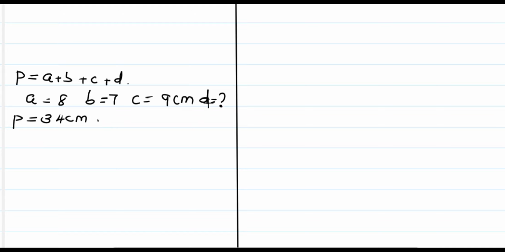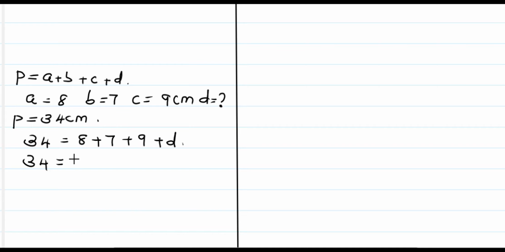So we say P, which is 34 centimeters, is equal to A, but we already know A is 8, then plus B, but we know B is 7, then plus C, but we know C is 9, then plus D, because we don't know D. We put it just like that. And from there, we can say this 34 is equal to 8 plus 7 plus 9. So 8 plus 7 will be 15. Then 15 plus 9 would be 24.